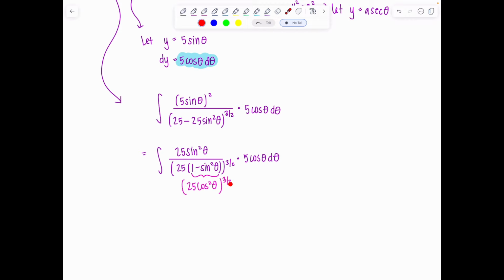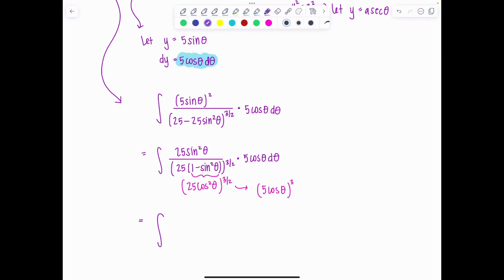And then when we take the square root, technically this would be absolute value of cosine theta, but remember in trig sub, we restrict where theta can be, so we don't have to worry about keeping absolute value. So just carry on, and this is going to turn into (5 cosine theta) cubed. Okay, so let me rewrite in the next line what we have.